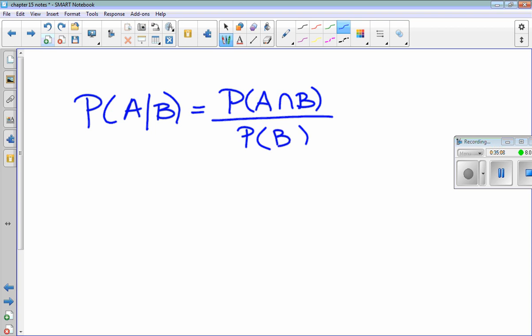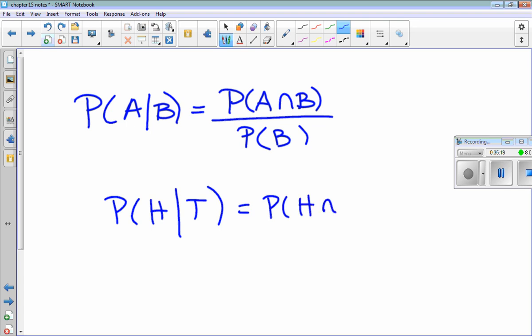What would the probability of hat given tomato be? It's the same formula. You're just putting it in context, that's all.